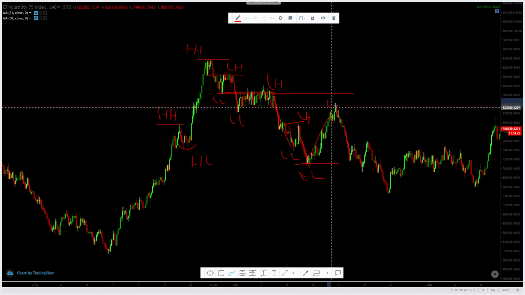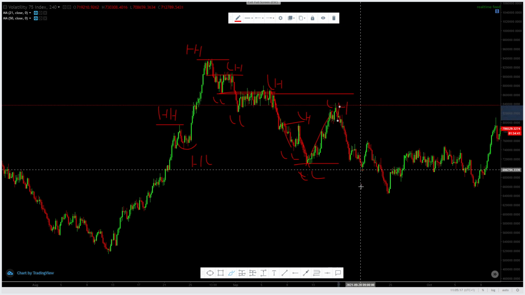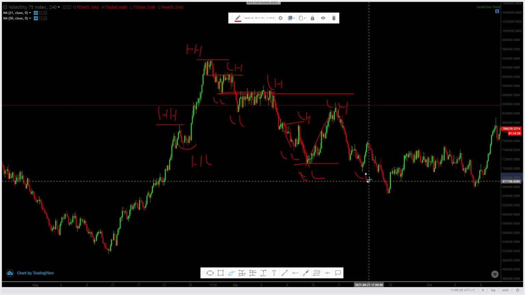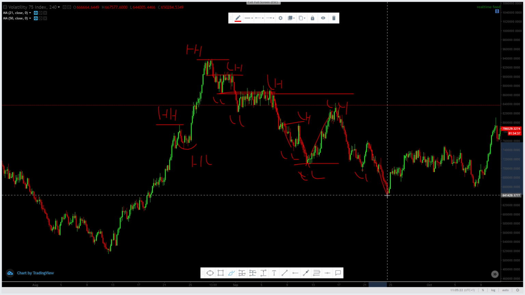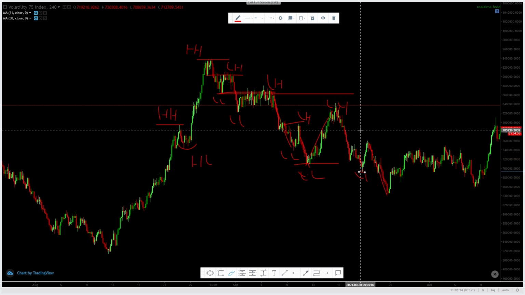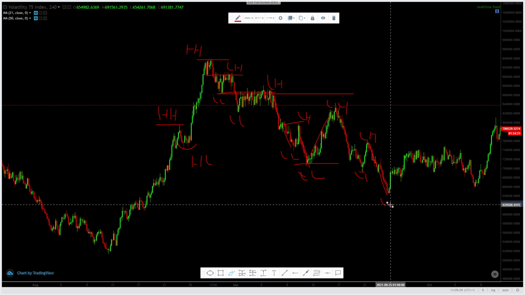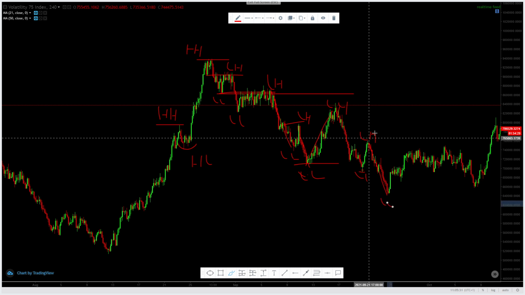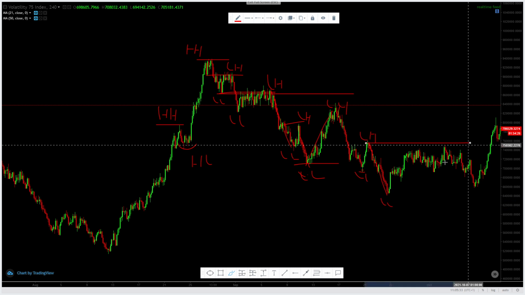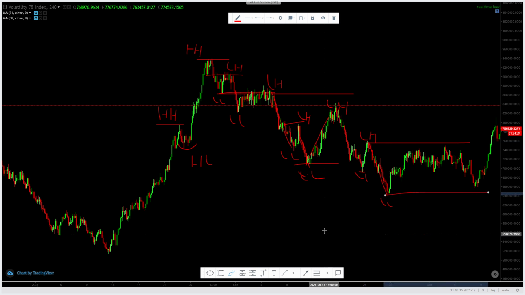So this is a new form of a lower high, and this is our new form of a lower low. Here price break under this structure. Just down here we have a lower high, and we have this new form of a lower low. So now we can say we're basically trading in between this region and this region right here.